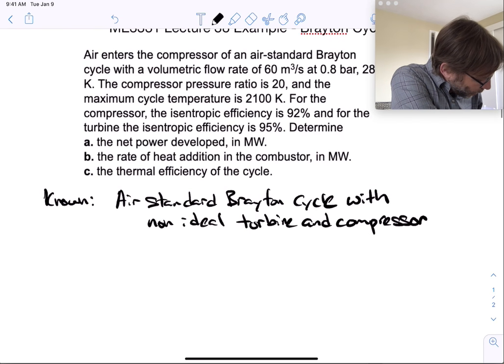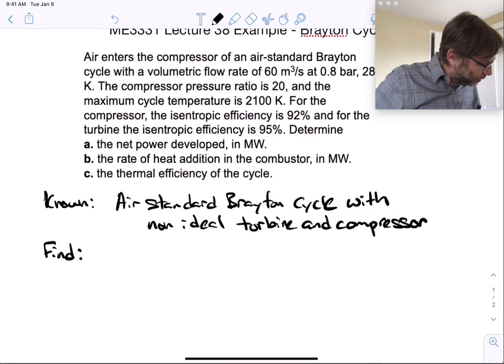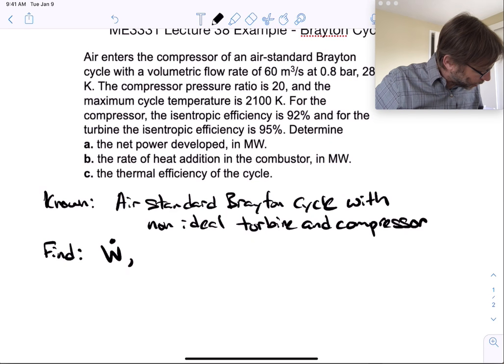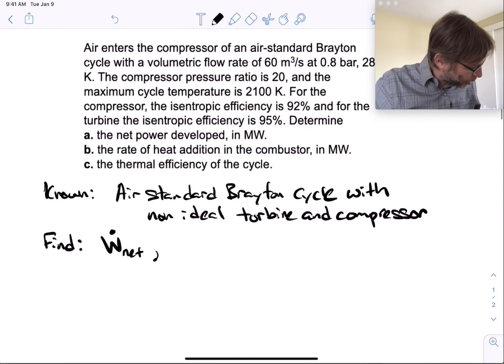Okay, what we have to find is the power, so this is W dot, and we'll just call that net. We need to find the rate of heat addition to the combustor, so we need to find Q in.